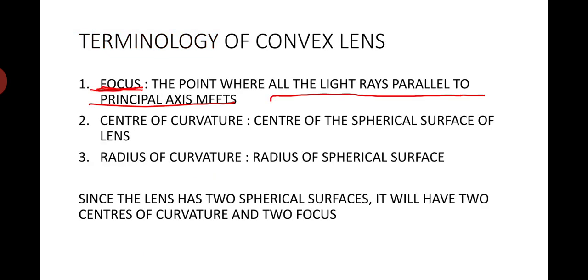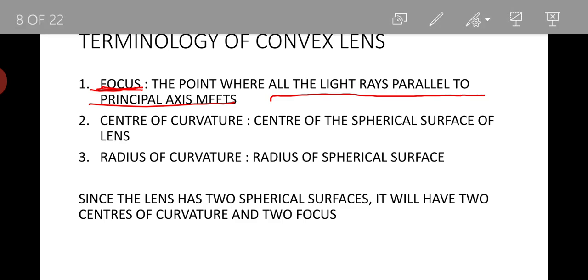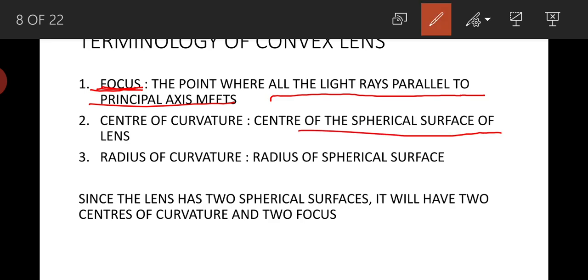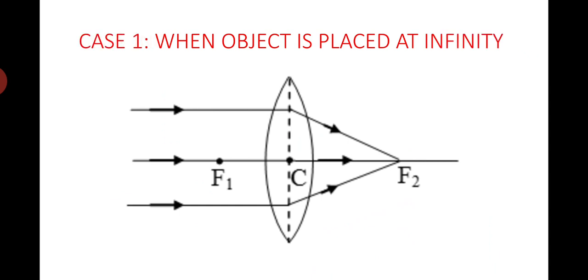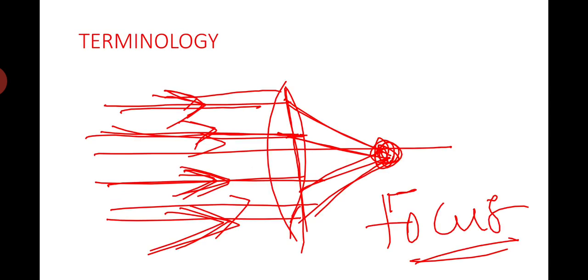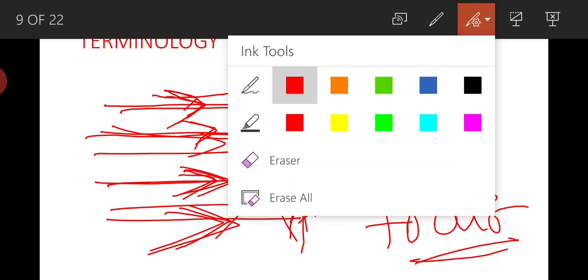Next, center of curvature. Center of curvature is nothing but the center of the spherical surface of the lens. We know that a lens has spherical surfaces. For example, if you take a lens, this is one of the spherical surfaces and this is the second spherical surface.